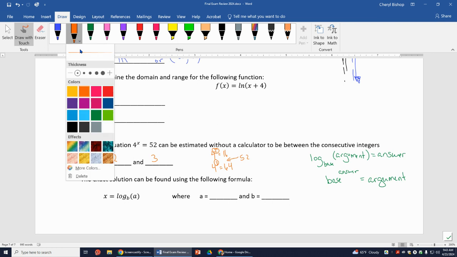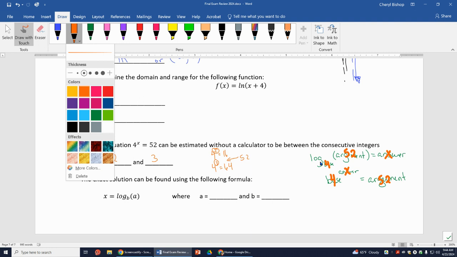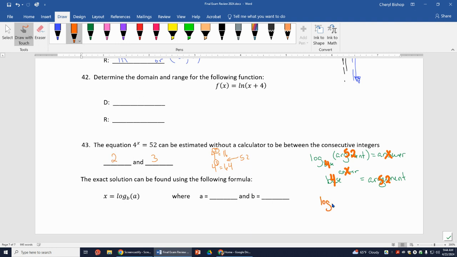Okay, so I can see that here my base is 4, my answer is x, and my argument is 52. So if I rewrite this, I'm going to have log base 4 of 52 equals x.